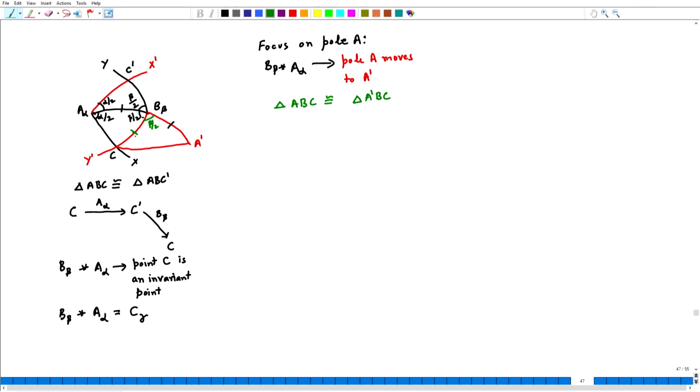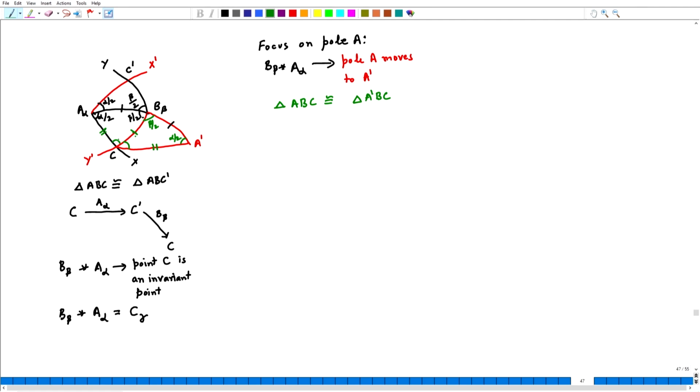Now, if that happens, which means that the side A prime C and the side AC, they also have to be equal. These two angles also have to be equal, and this angle would be alpha by 2.